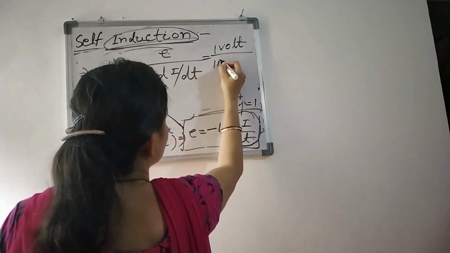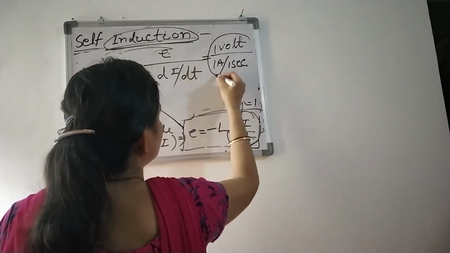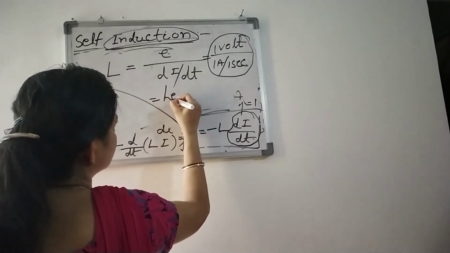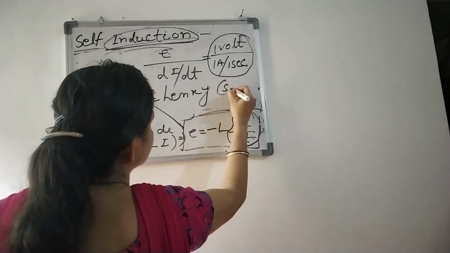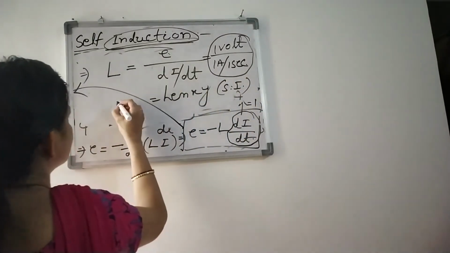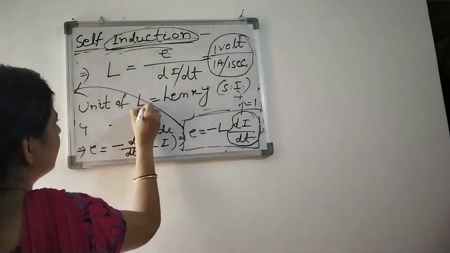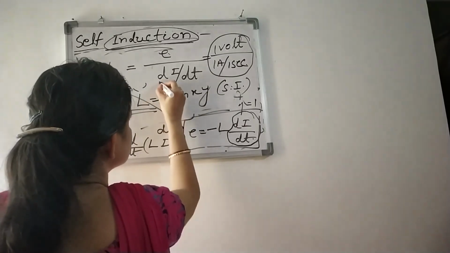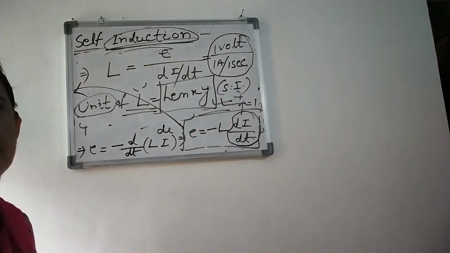Current is 1 ampere per time, 1 second. So 1 volt divided by 1 ampere per second is called a Henry. So the SI unit of L, that means self-inductance, is Henry.